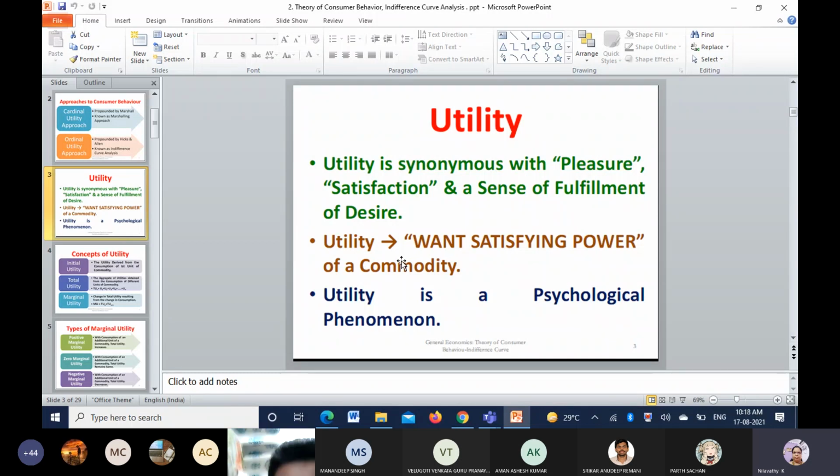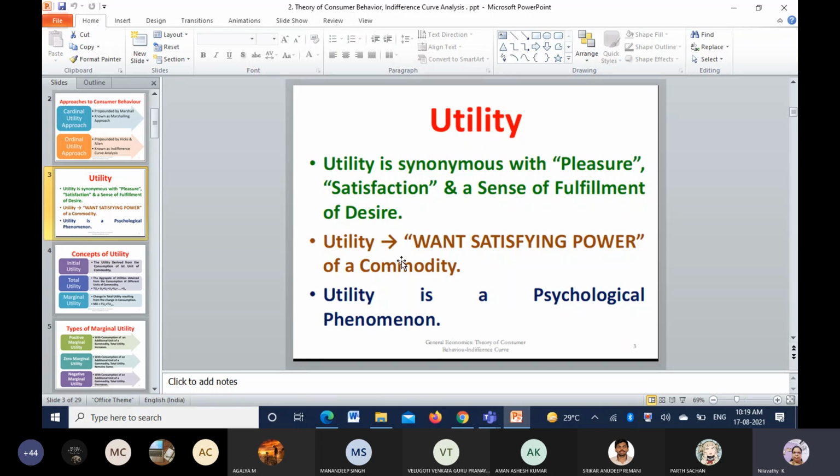It is a consumer's utility. Utility is the satisfying power of a commodity, or again, of a service also. Don't take it for commodity alone, always take it for services also.